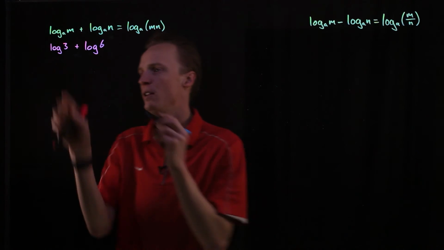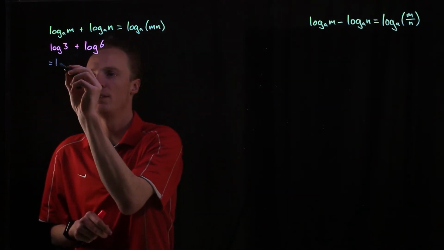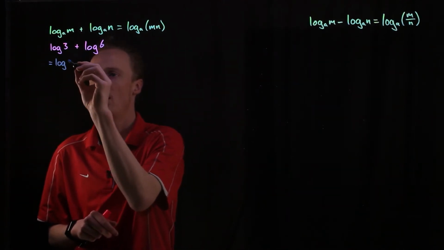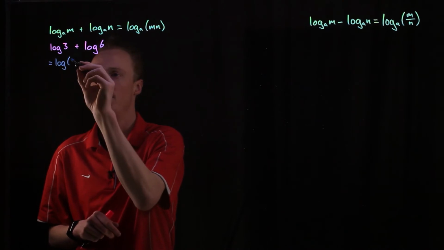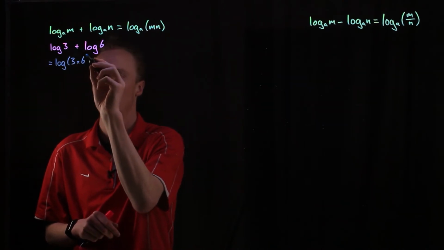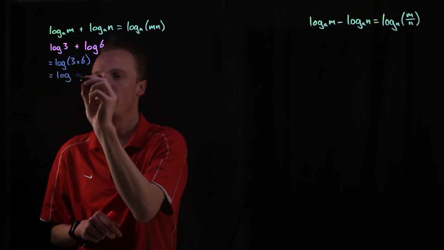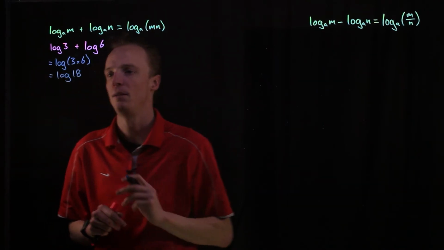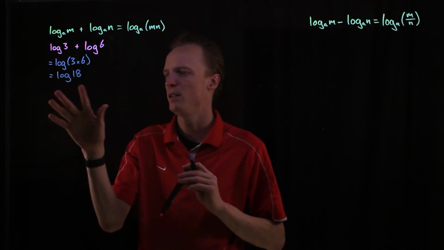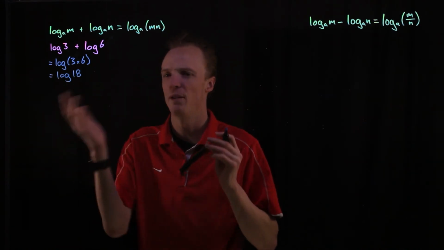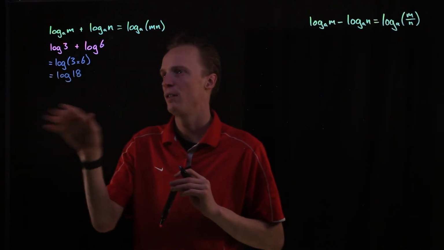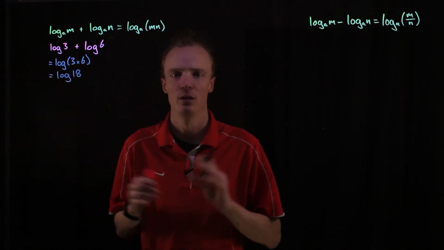That means this here is going to be the logarithm of base 10 of 3 times 6, which of course is equal to 18. So this will be the logarithm of base 10 of 18. Now this has been simplified to its simplest form without evaluating it. So that's just using our product law.